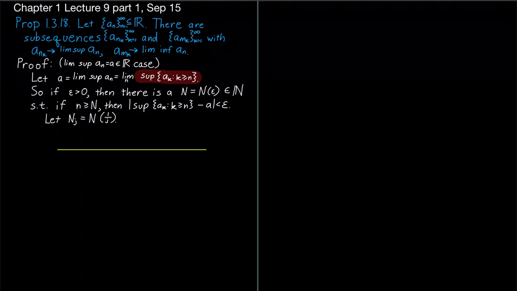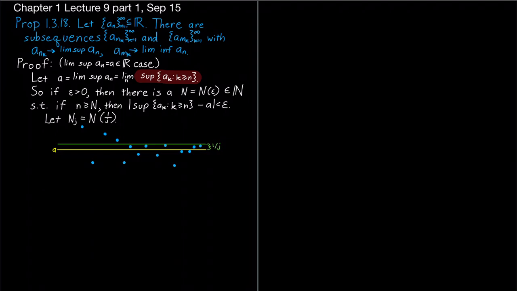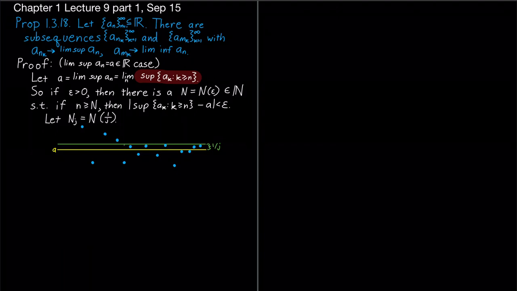Here is a nice line at level A, and then we draw another line a distance 1 over j above it, and then our sequence, maybe we bounce around, but eventually we get to the point where we're stuck underneath this line, where our supremum, everything's under that line. So let's see, here would be our N_j.